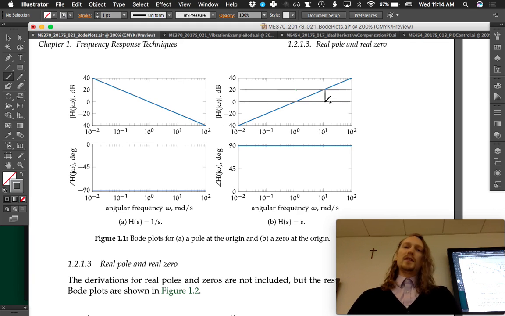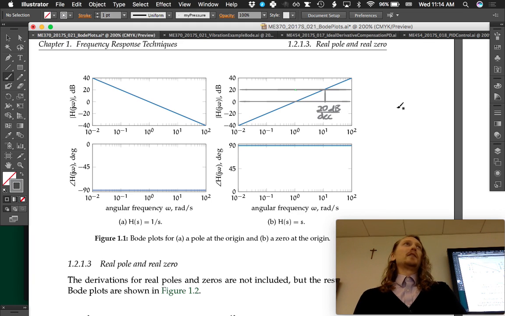This slope is going to be 20 dB per, and what we call a factor of 10 in omega is a decade, okay? Per decade. You may have heard of an octave, maybe, from music.